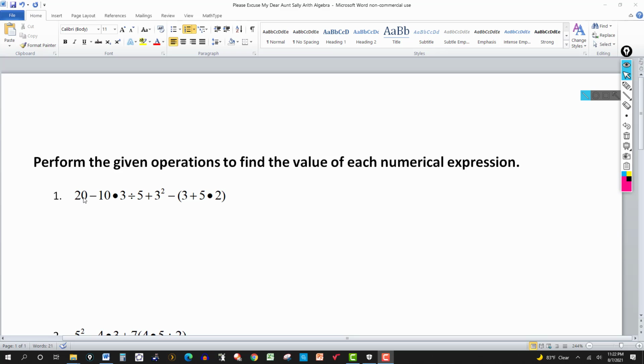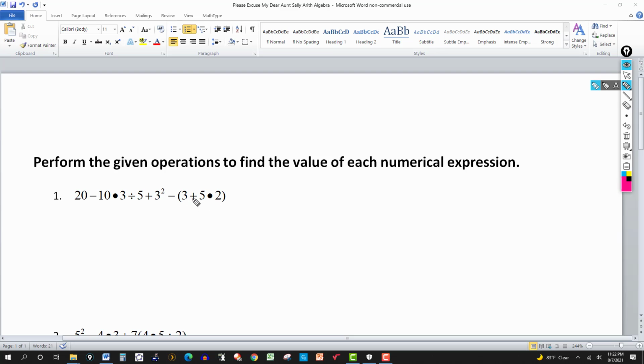So in this case, we start from left to right, and we look at P first, parentheses. We have it here, so we perform this first. Inside the parentheses, look at that as a separate problem: 3 plus 5 times 2. Again, from left to right, we're inside the parentheses.